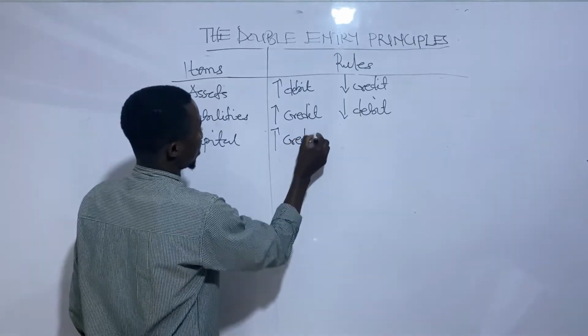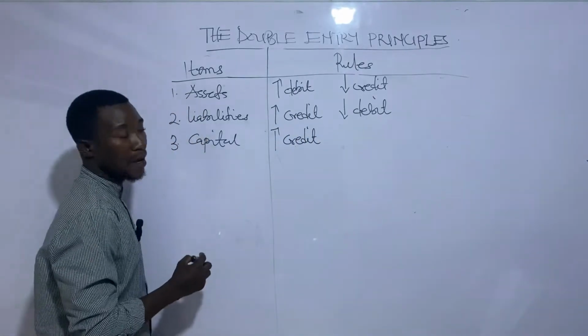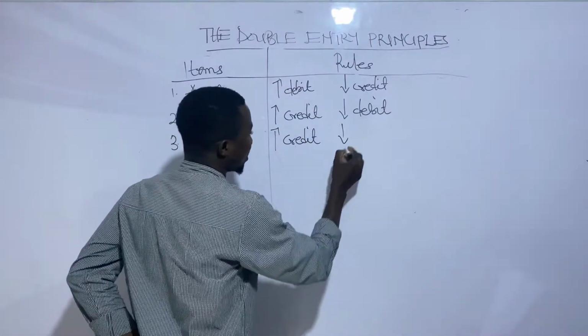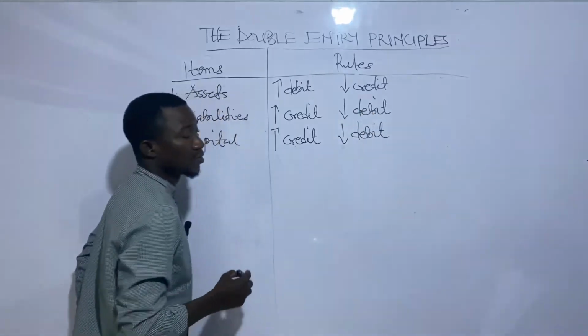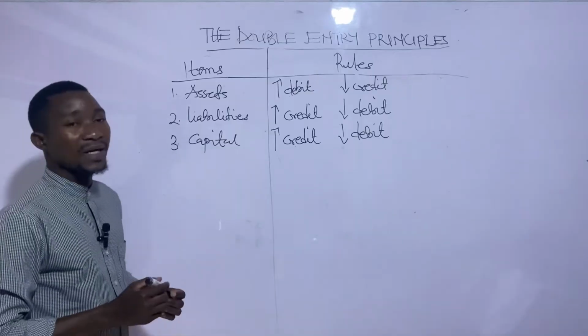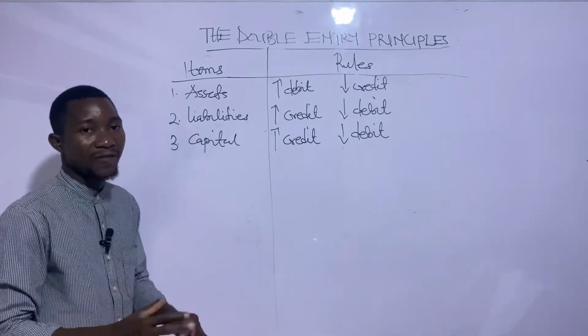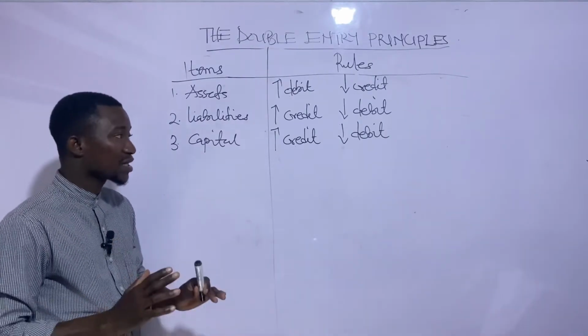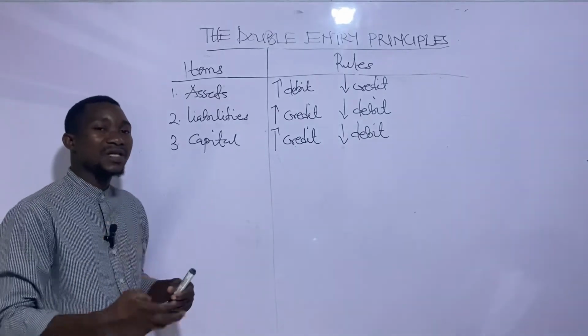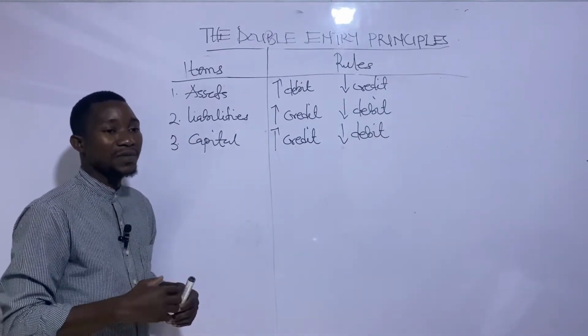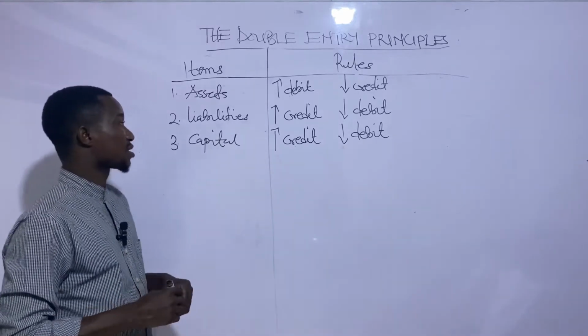We credit it account. Anytime a capital decreases, we debit. A capital can decrease when the owner of the business makes drawings for personal use. So in that circumstances, we debit capital account. But anytime the business owner introduces capital, we credit capital account.